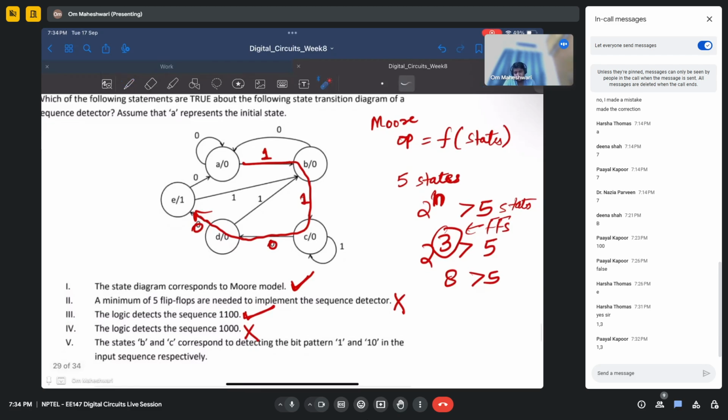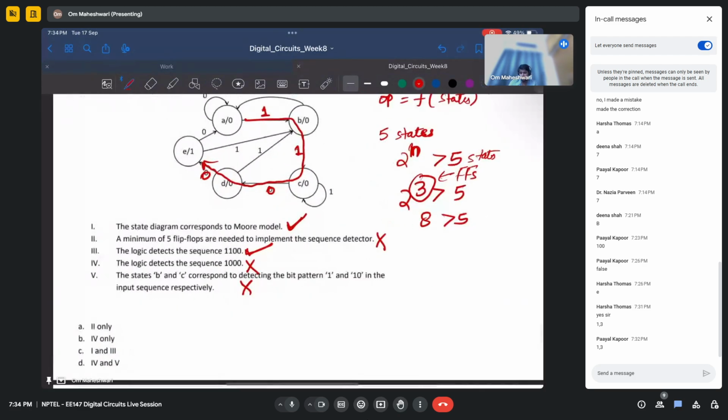So you see B detects 1. Always when you have 1, you go to B. But C detects 1 1, not 1 0. So this is incorrect. So only 1 and 3rd are correct. Both Harsha and Payal have the right answer. It is option C.